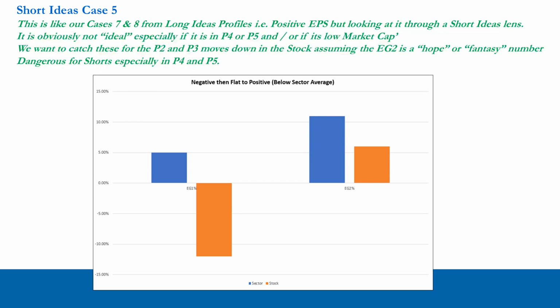So we may see, for example, value investors coming into the market to pick up that stock. From a short perspective, this can be very dangerous for us. So case 5 has potential as a short as long as it's early on in the X growth phase.